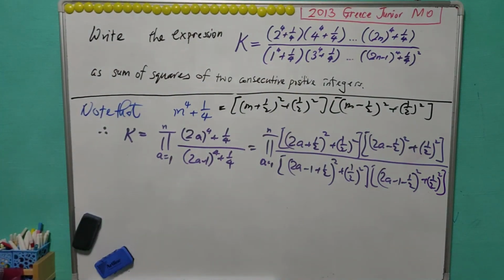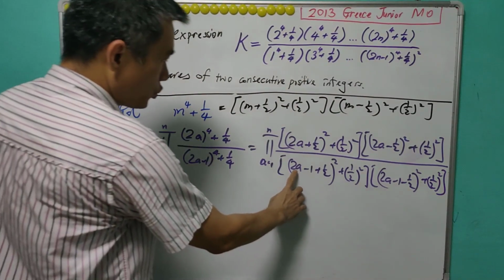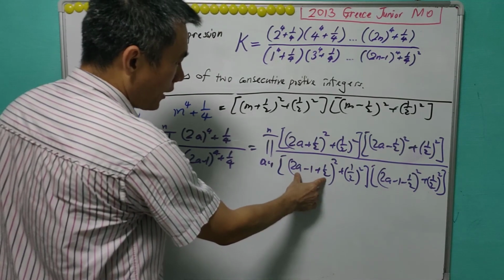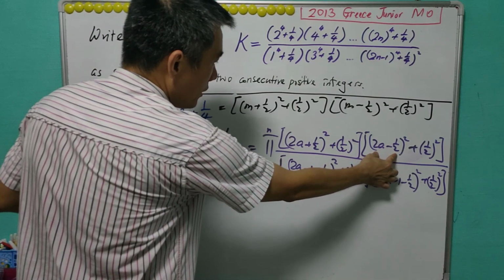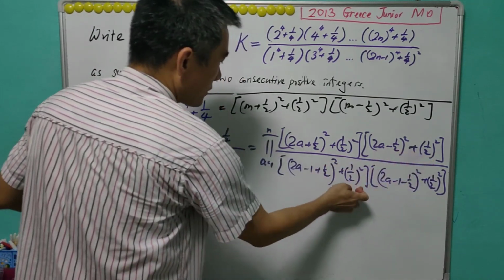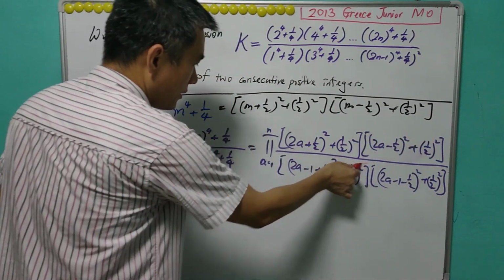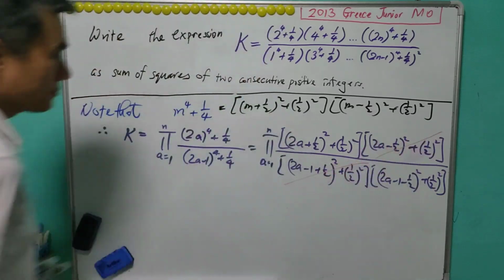Okay, now note that 2a minus 1 plus half is actually 2a minus half. So this is also (2a minus half) squared plus half squared. So this can be cancelled off. They are exactly the same.